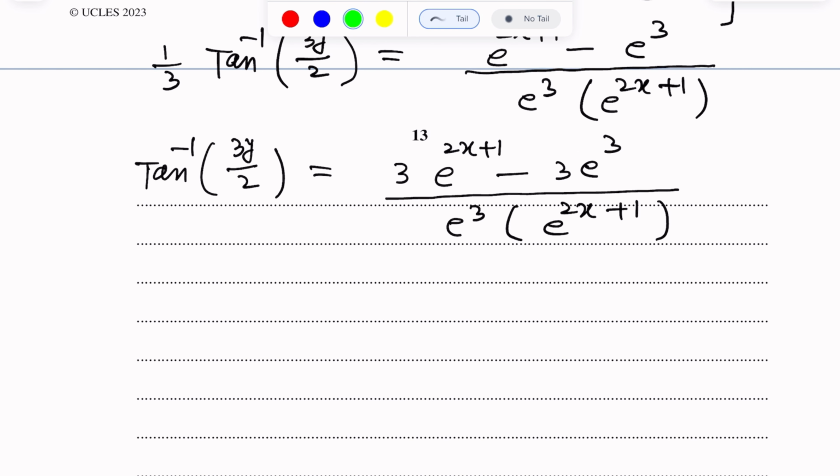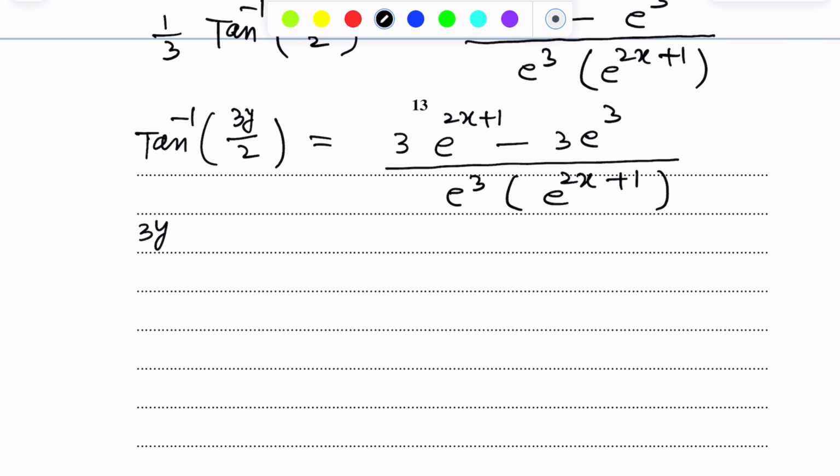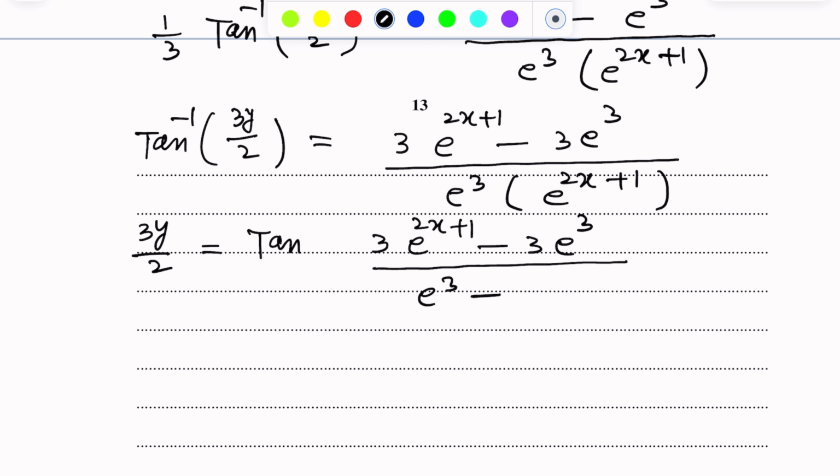Now tan inverse on the right side will become tan. So we can write 3y over 2 is equal to tan of 3 e power 2x plus 1 minus 3e3 over e3 minus e power 2x plus 1.